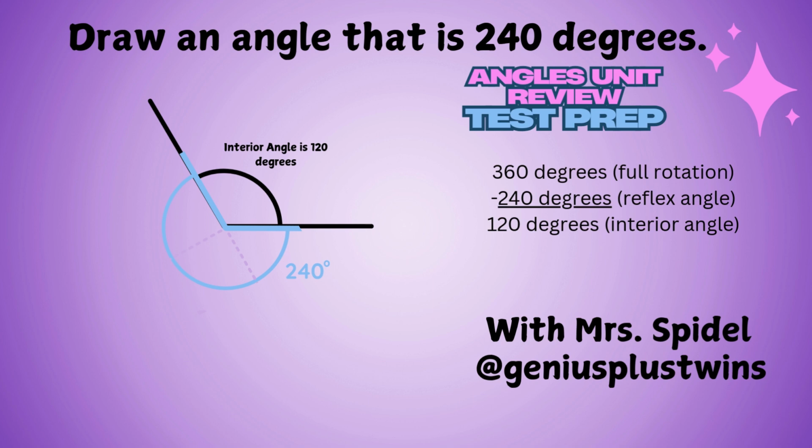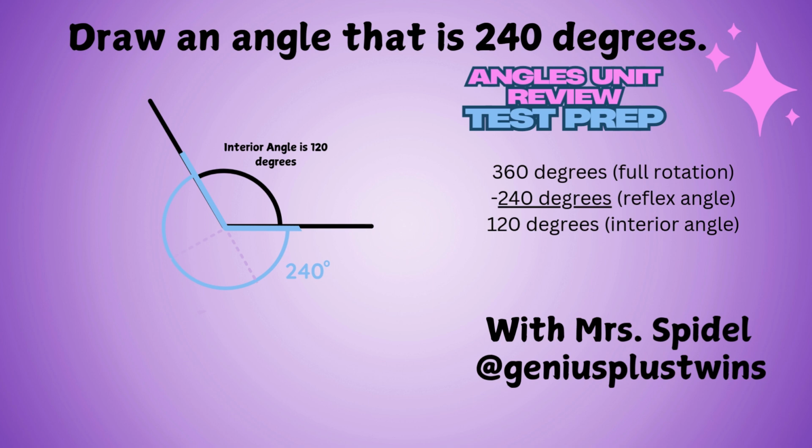By drawing an interior angle, it's a little bit easier. You start once again with a horizontal line. Use the straight edge of your protractor or a ruler. Line up your protractor with that horizontal line and the vertex that you have created. Use your guide mark to find 120 degrees.